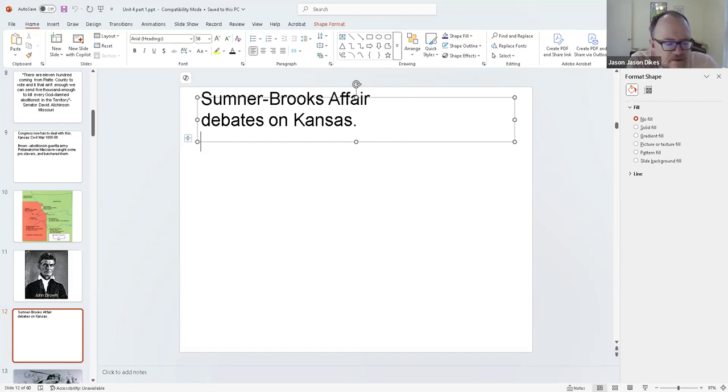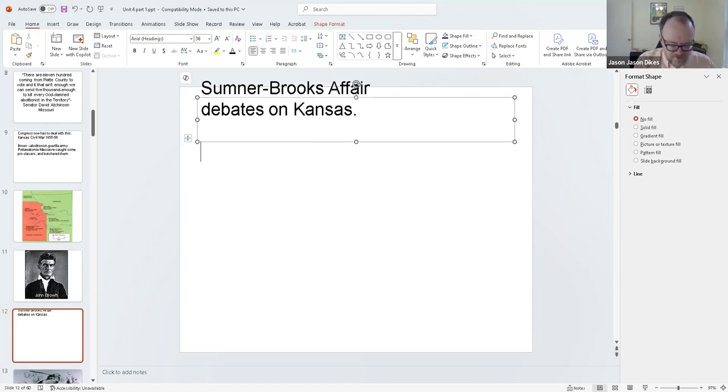Very fiery speeches were being given in Congress about who was at fault. And one speech was given by Senator Charles Sumner from Massachusetts, so an abolitionist.